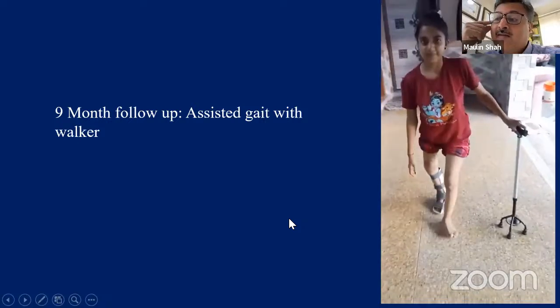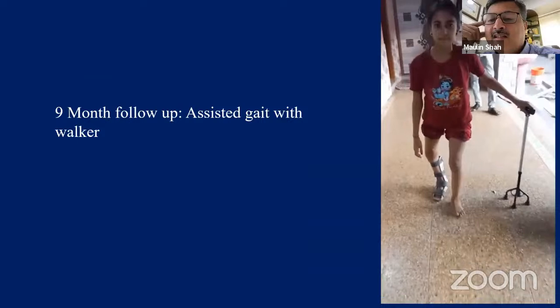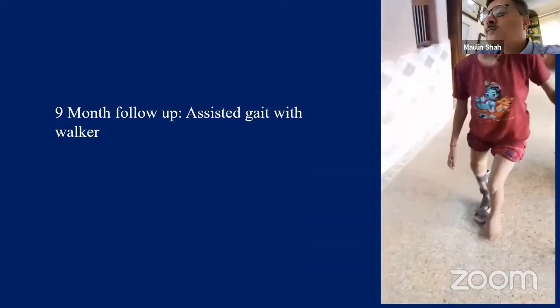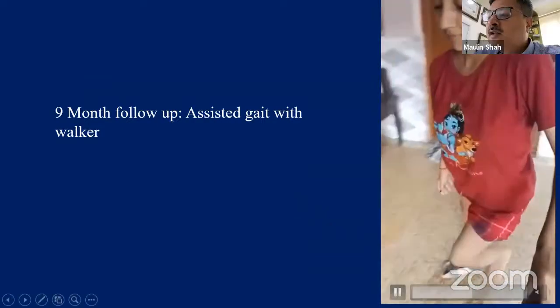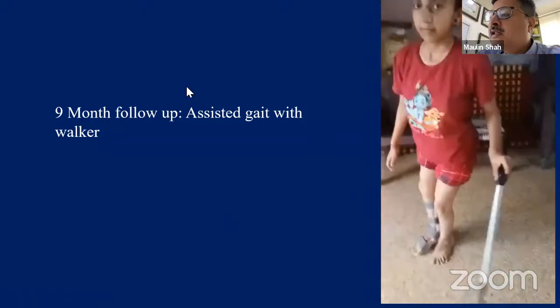Now, as you say, we see external rotation, so there must be the underlying tibial extorsion. So now family is happy that she can walk without anyone's help or a stick.